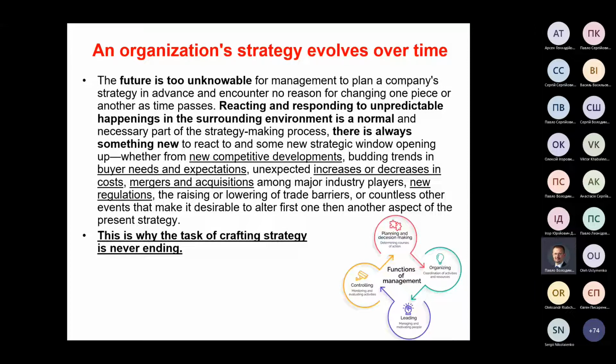And here at this stage, at the stage of controlling, it could be the situation that our objective, at least one objective which was created at the stage of planning, hasn't been attained. Why could it be so? It could be so because of two situations.